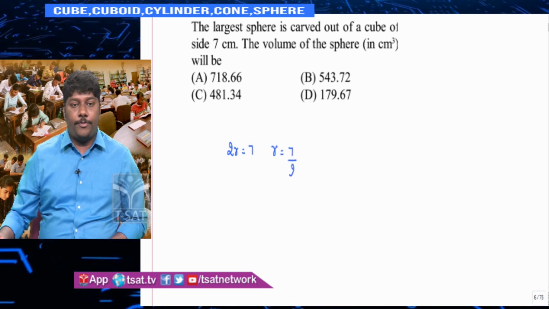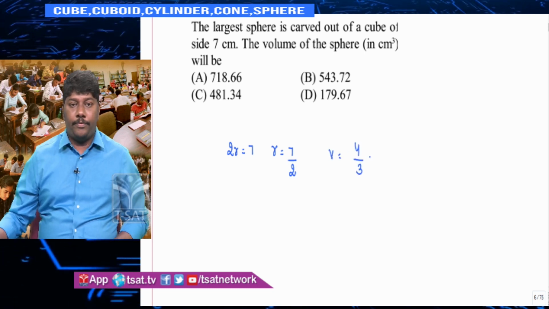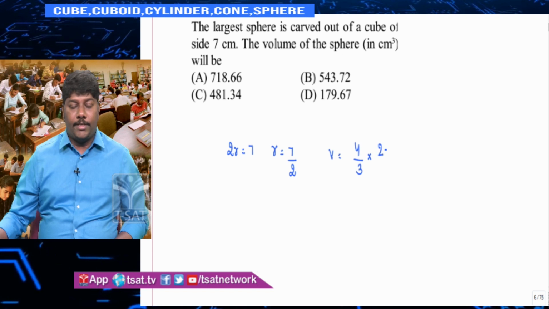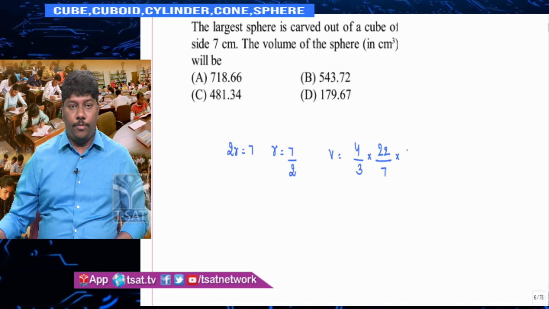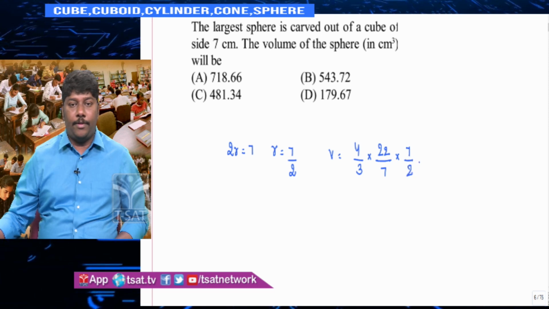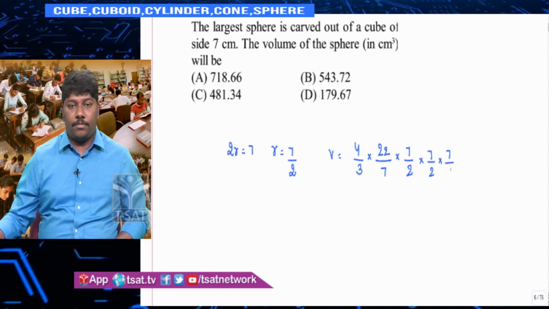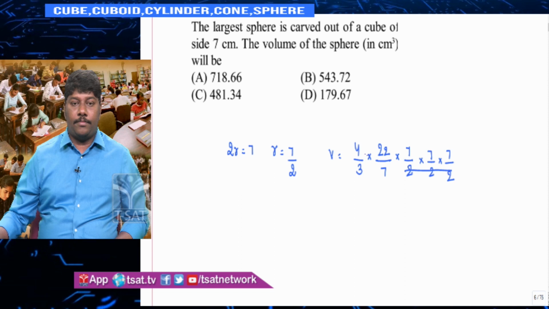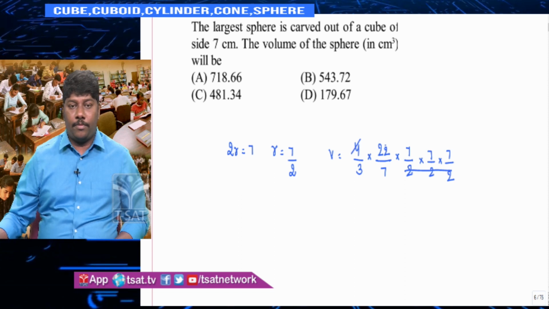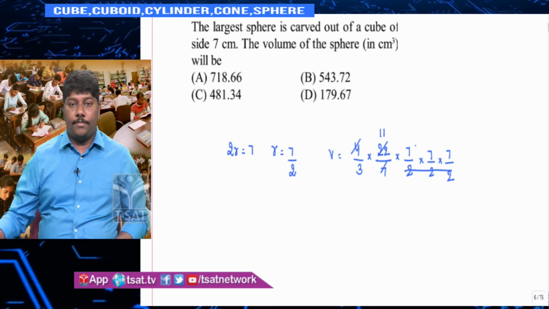So the volume of the sphere is equal to 4 by 3, 22 by 7, pi r cube, which is 7 by 2 into 7 by 2 into 7 by 2. You can cancel all these values. 7 and 7 cancel.